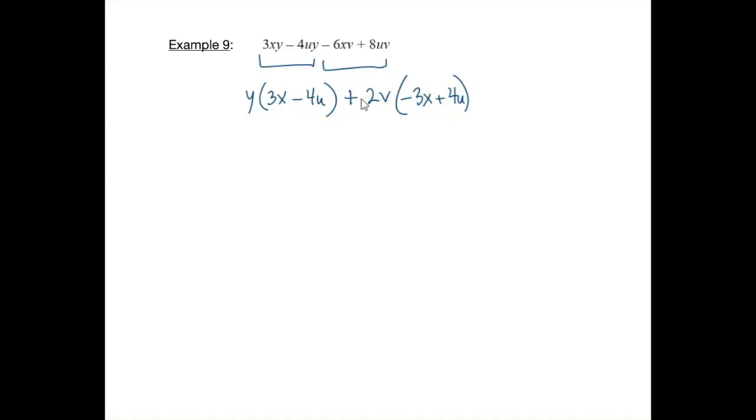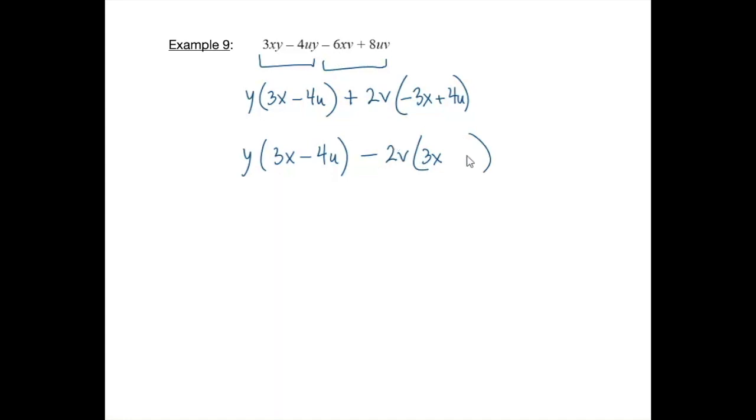So instead of factoring out a positive 2v, we'll factor out a negative 2v. Now negative 2v times the first term is equal to negative 6xv. So the first term will now be positive 3x. Negative 2v times positive 3x is negative 6xv.